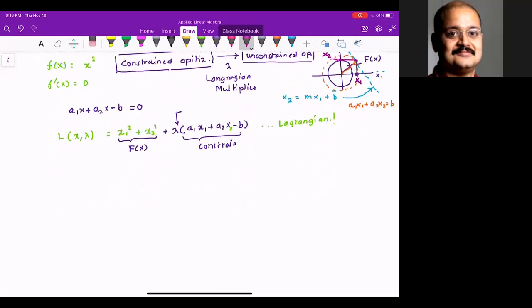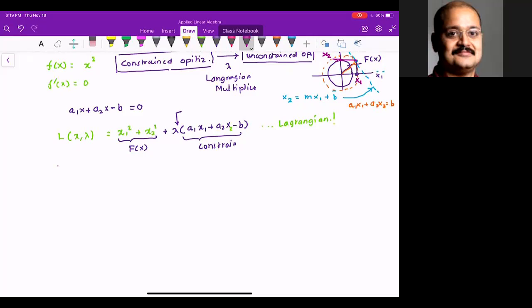Yes, it's tangent, correct. All right, so what happened? Now you know it's the same drill. If you want to minimize, take the derivative, equate it to 0. Do you agree with me? How many variables do we have? We had x1, we had x2, and since we added the constraint, we got lambda. So take the derivative, equate it to 0.